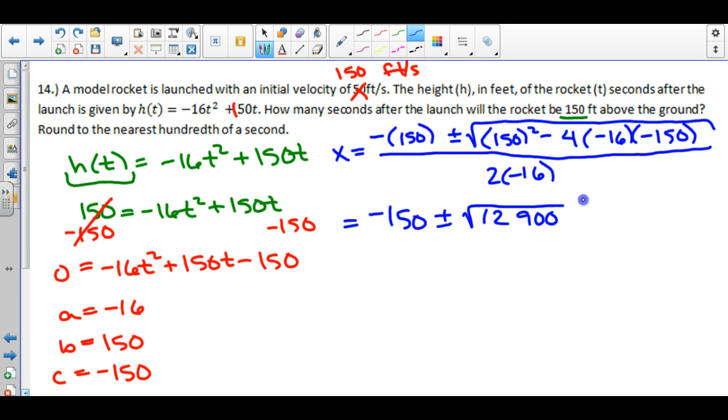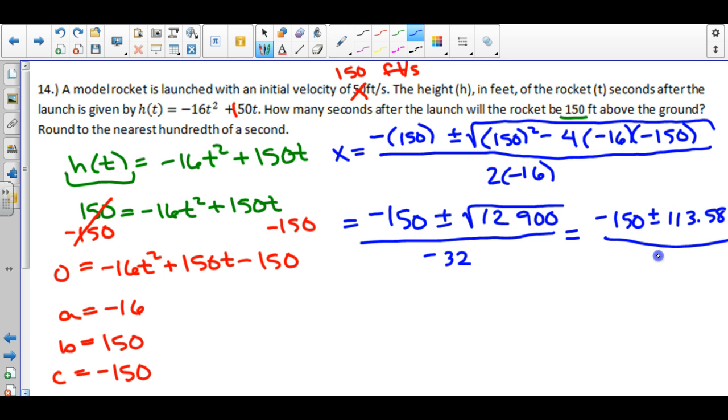And all of this is over 2 times negative 16, which is negative 32. So then what I'm going to do is take that square root of 12,900. So I end up, and I'll do that to 2 decimal spots, so I'll take the square root of 12,900, which is 113.58. And all of that is over negative 32.